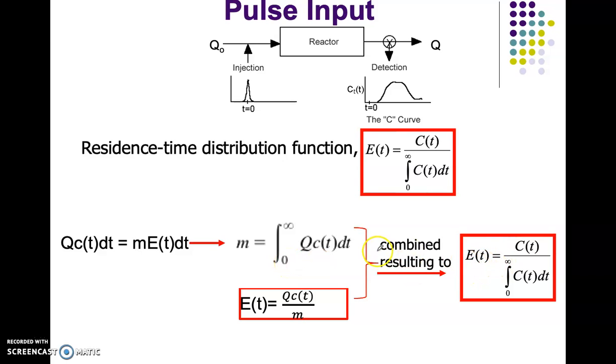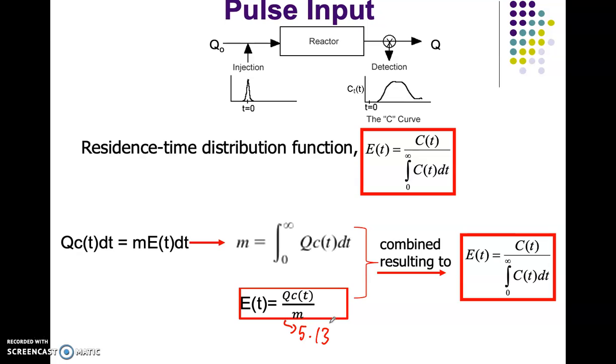This equation, Q E(t) equals Q C(t) over M, is actually equation 5.13 in your book.